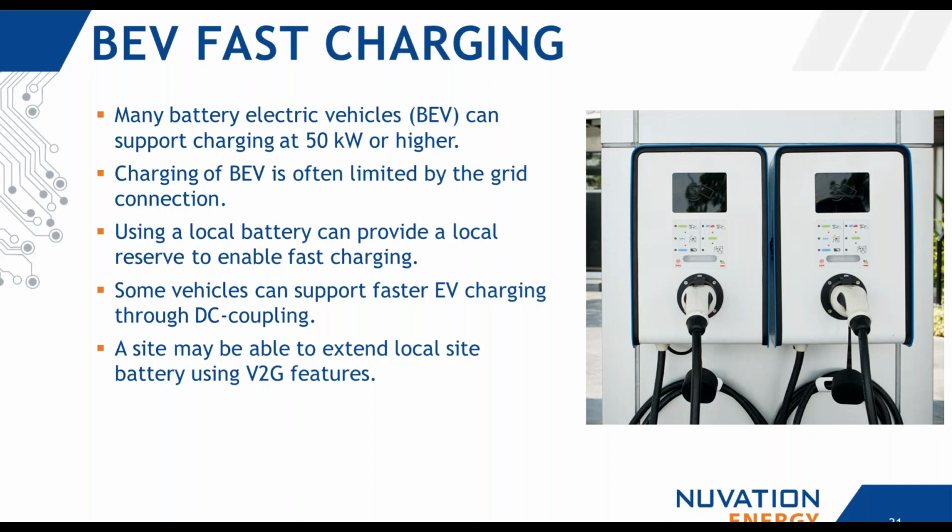The electric vehicle charge controller may need to reach out to payment authorization systems offsite to get authorization to discharge energy. Anyways, the thing to pay attention to here is that local batteries can help enable fast charge applications, but having these batteries requires control systems to make them work.